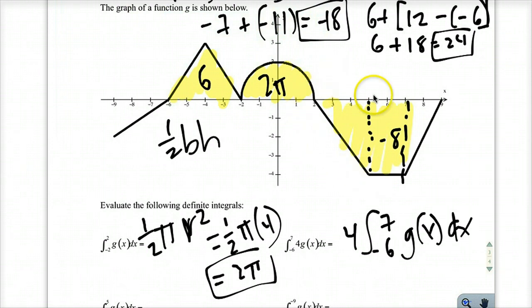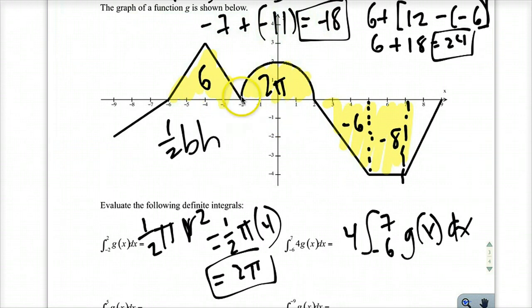This one is a triangle again. I have a base of 3, and I have a height of negative 4. So half base times height, 3 times negative 4 is negative 12, and half of that is negative 6. So to find this answer, I'm going to add up all these numbers: 6 plus 2 pi plus negative 6 plus negative 8.